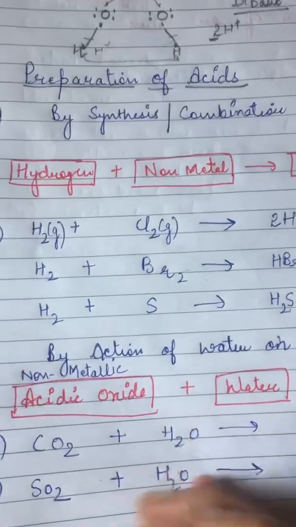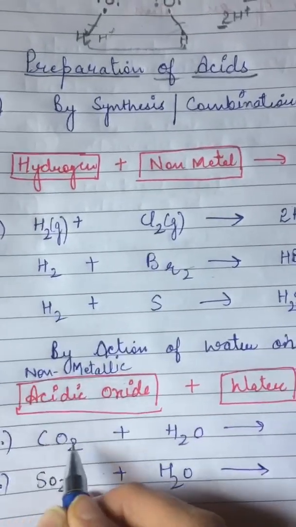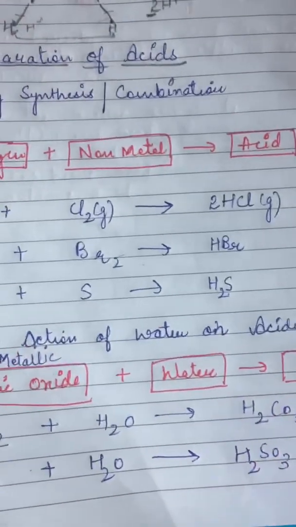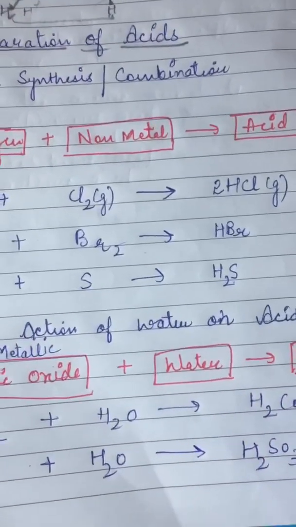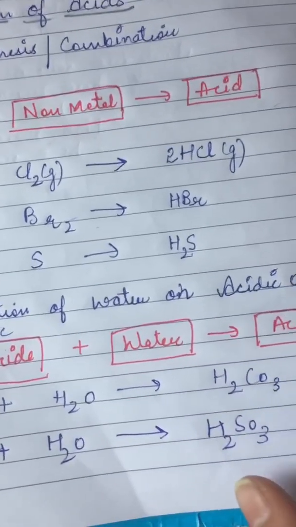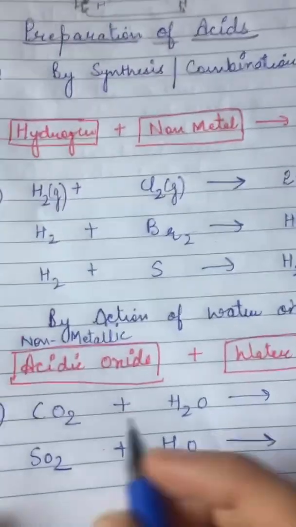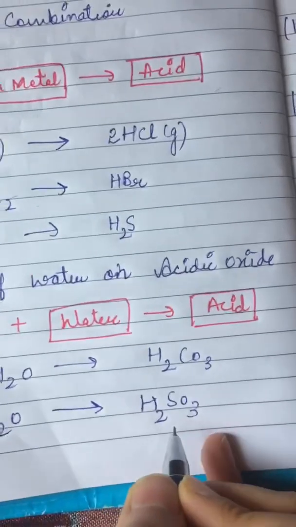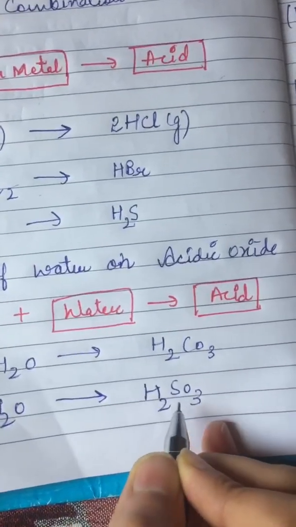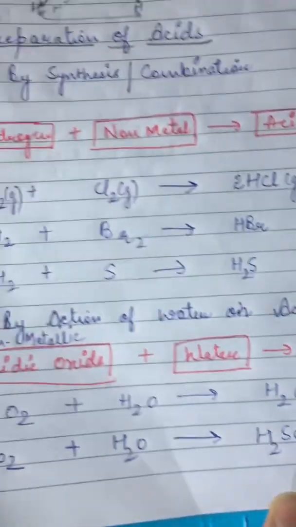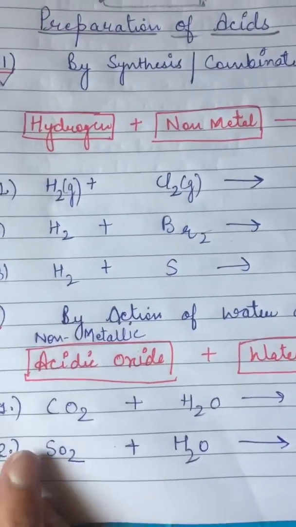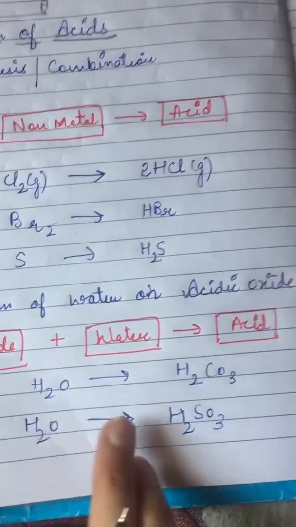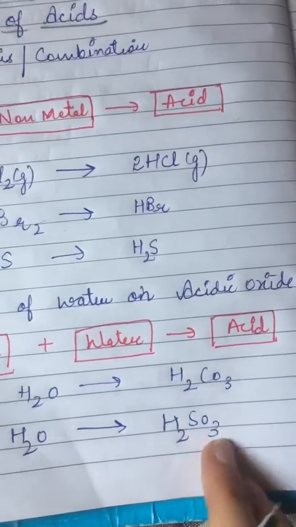Always remember, H2CO2 and one O is here, H2CO3. Now H2SO3, sulfurous acid. When SO2 reacts with water, it will form H2SO3, sulfurous acid. Sulfur is also a non-metal, so SO2 plus H2O gives H2SO3, sulfurous acid.